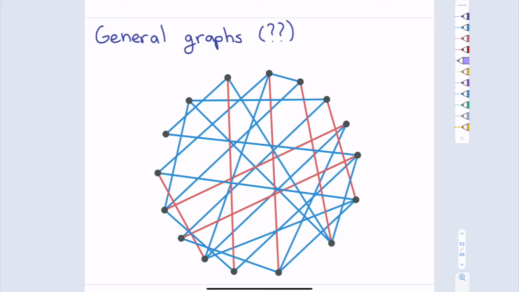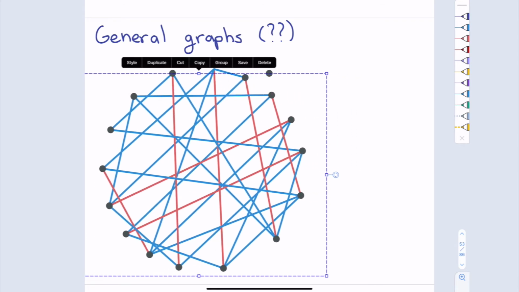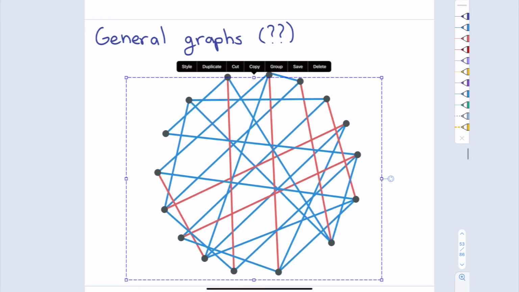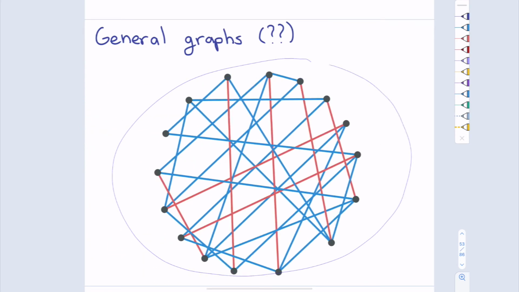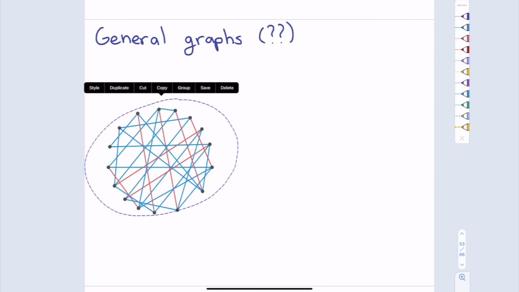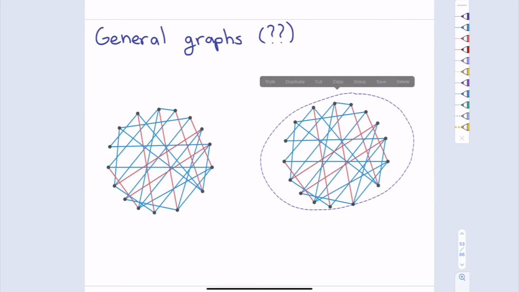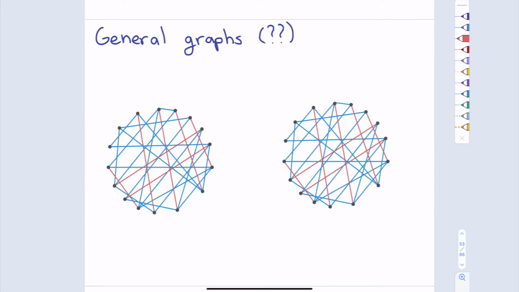Okay, so I guess I can do that. Okay, so you want to duplicate this, and then red edges should go that way, and blue edges should go that way, corresponding to the appropriate copies.